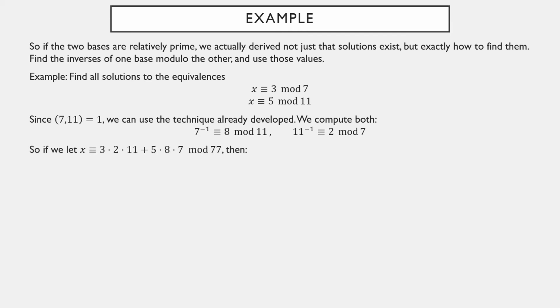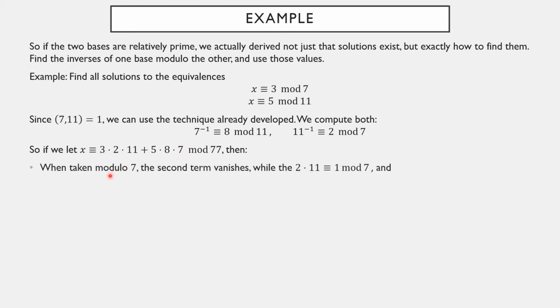So we simply let x be the desired target mod the first base times the inverse of the second base mod the first base times the second base, plus the target modulo the second base times the inverse of the first mod the second times the first base. You could just copy this down from the previous slide or find it in the textbook.